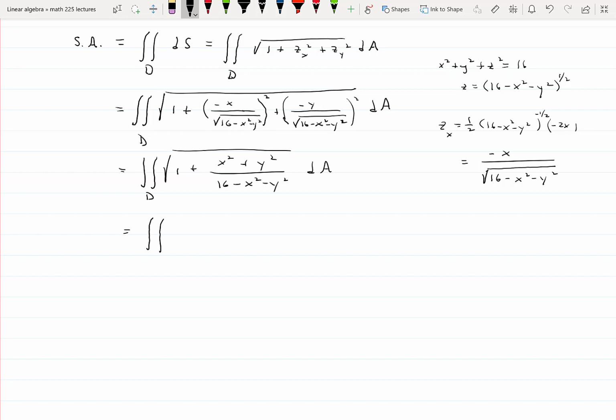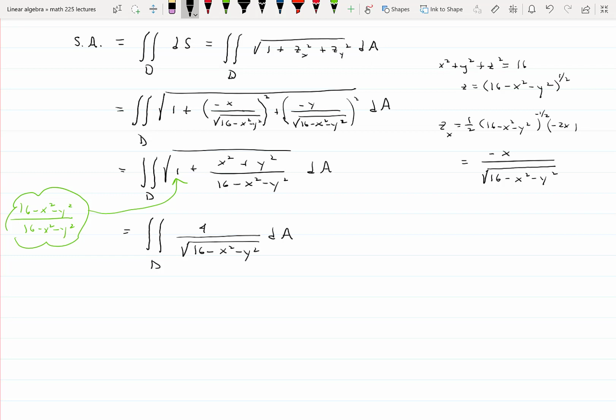You get the double integral over D. The only thing that remains in the numerator is 16, and the square root of 16 is 4, over the square root of 16 minus x squared minus y squared, dA.